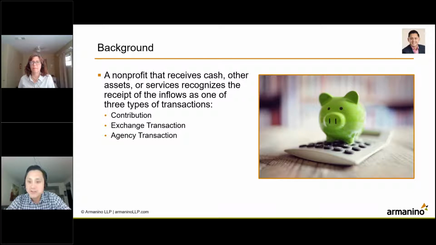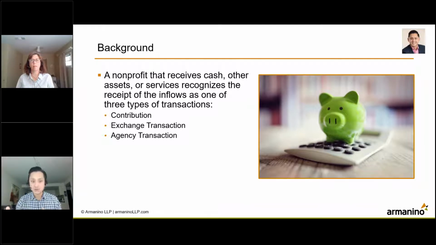All right, so before we dive into the content, we thought it would be helpful to provide some context into nonprofit accounting and discuss why the new standards were issued. So first, a nonprofit that receives cash or other assets or services would recognize that inflow as one of three things. It's either a contribution, that's a one-way exchange of value. One party receives money and the party that's giving the assets does not receive equal value back.